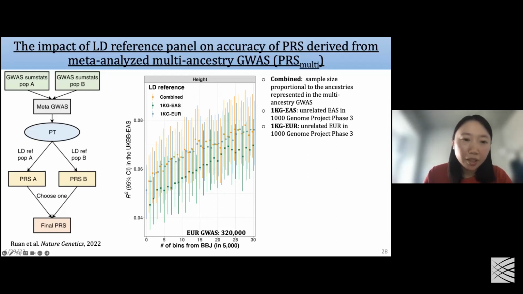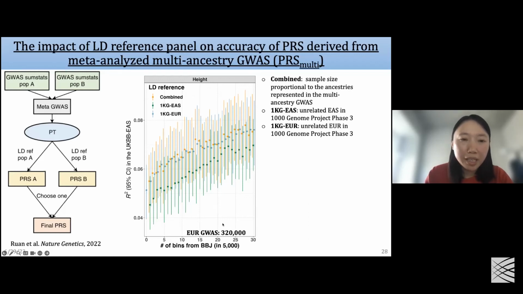In this figure, the y-axis is the accuracy in East Asian, and the x-axis illustrates the ancestry composition of the multi-ancestry GWAS. In this PRS-multi, the European GWAS is 322,000, and the sample size from Biobank Japan included in the multi-ancestry GWAS is shown on the x-axis.